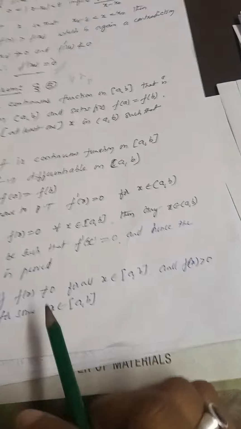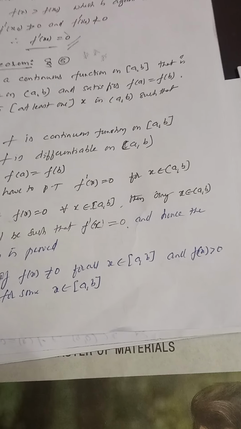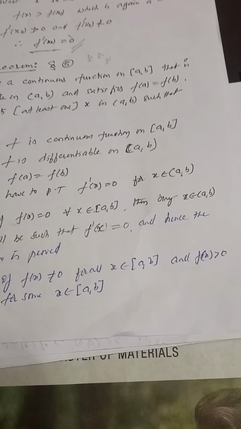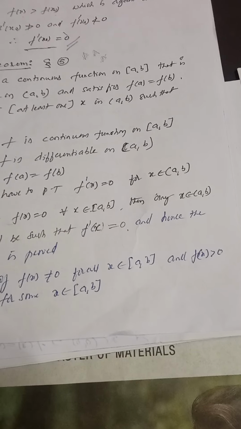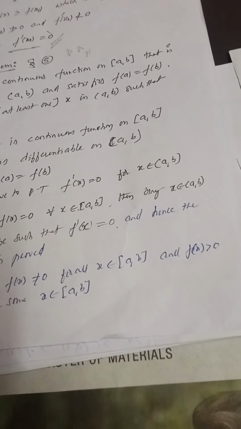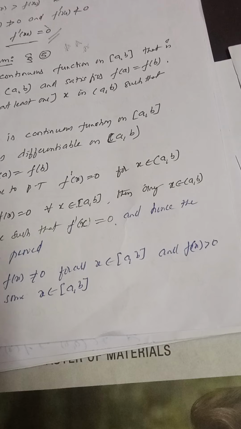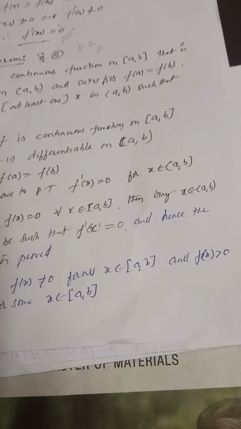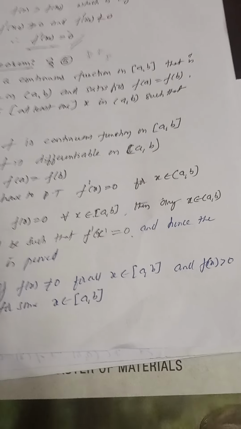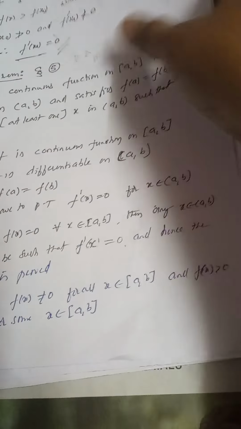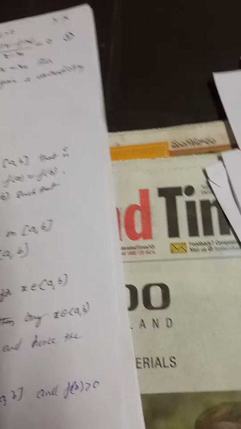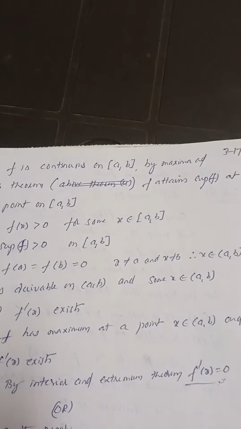Now suppose f of x is not equal to 0 for some x belongs to closed interval a comma b. That function is a non-zero function, and f of x is greater than 0. Assume that f of x is greater than 0 for some x belongs to closed interval a comma b. That means the given function is an increasing function.